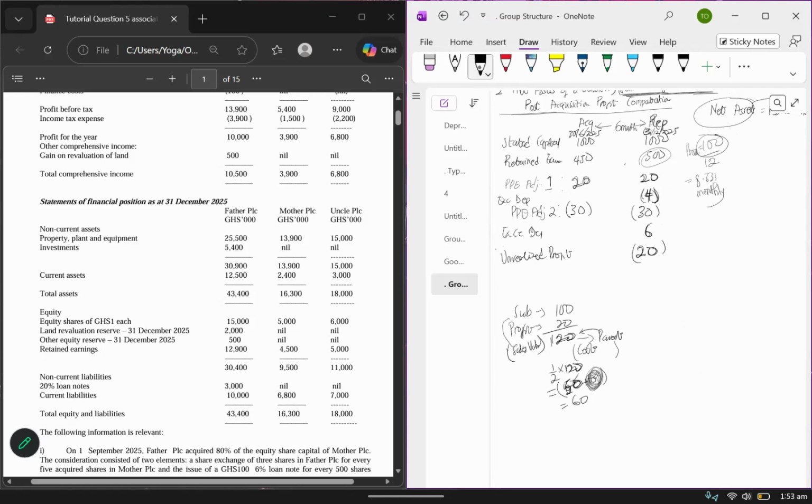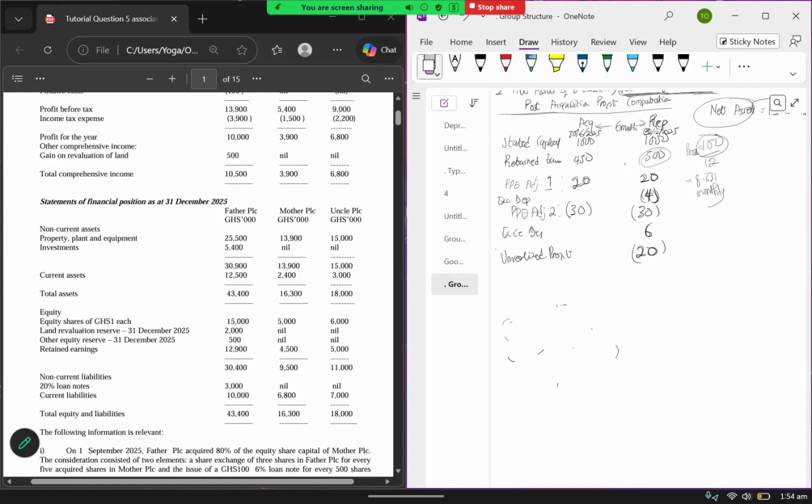This unrealized profit thing, okay, we will use this question to explain what I just wanted to say, so we'll explain it later on. Okay, this unrealized profit, the sales should be in relation to the sales that occurred within the post-acquisition period. Okay, so if the sales occurred before the acquisition, there will be no need for us to calculate unrealized profit on that.